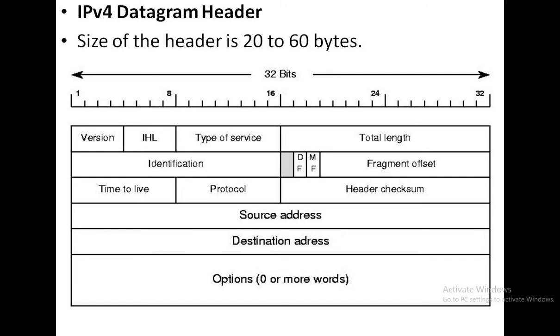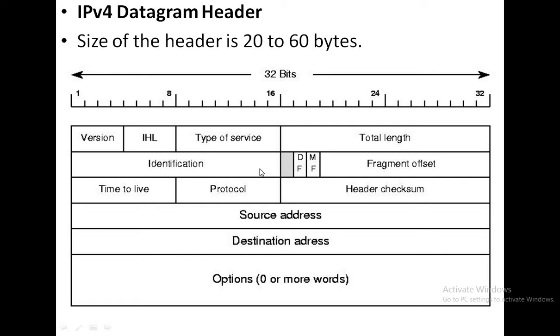So next is the identification field. This field is about 16 bits.